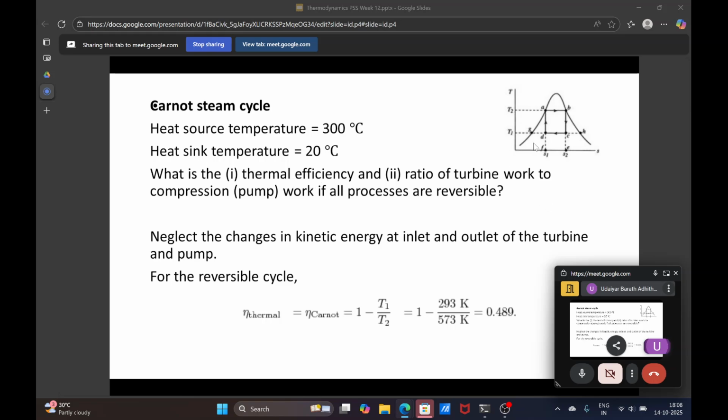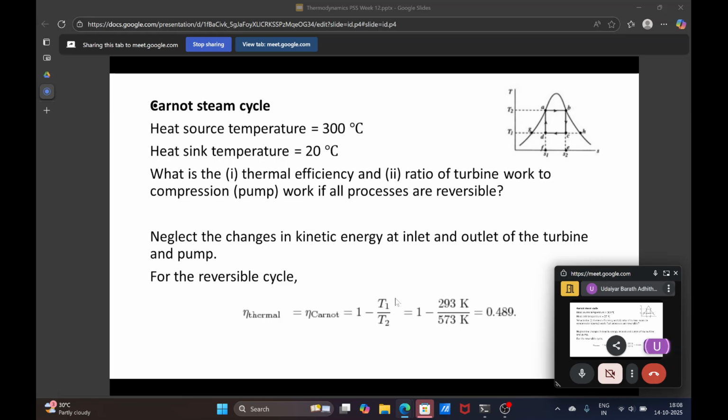We know how the thermal efficiency of a Carnot cycle will be. A simple expression which is 1 minus T1 by T2, which we can get applying first law and second law. What we get is W by Q, where Q is the heat input and W is the work output which you are getting. Net work output we can express as Q1 minus Q2, which is Q in minus Q out divided by Q in.